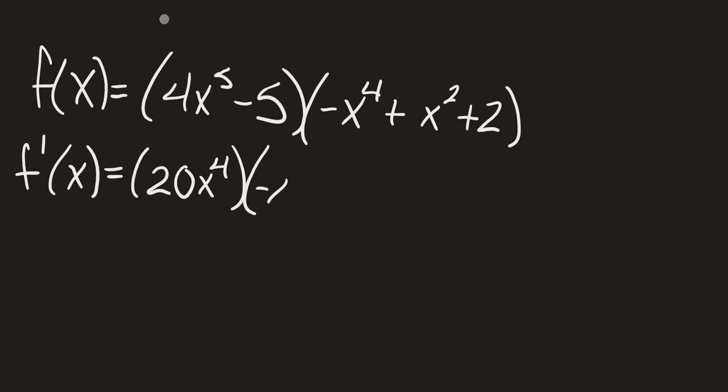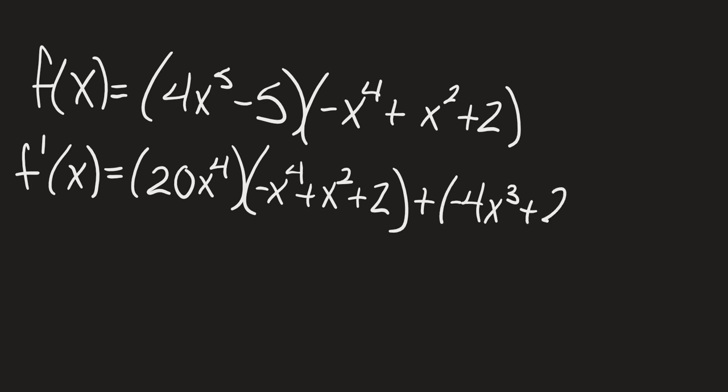And then the second part stays the same. Plus the derivative of the second, which will be negative 4x to the third plus 2x times the first parentheses left the same, 4x to the fifth minus 5.